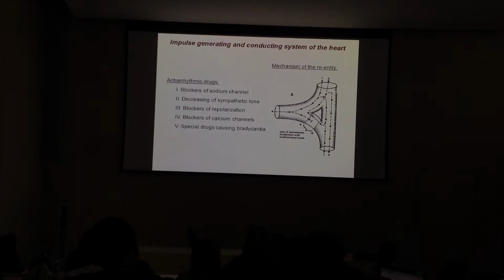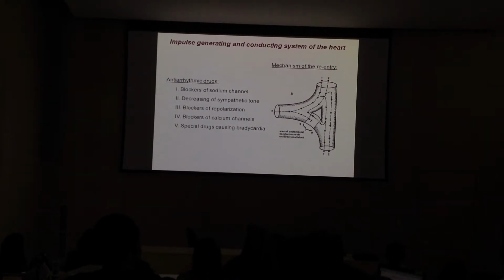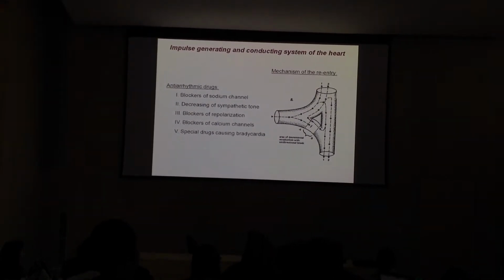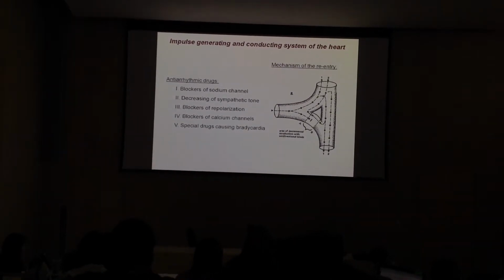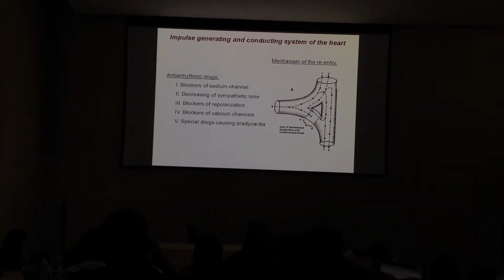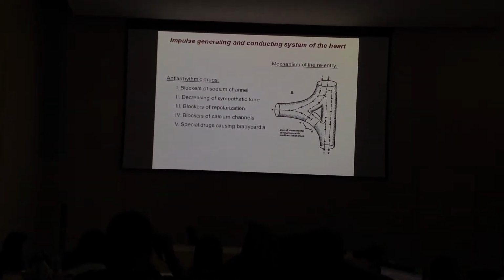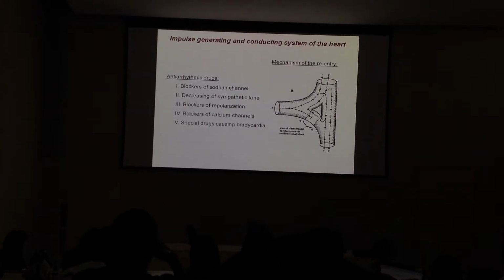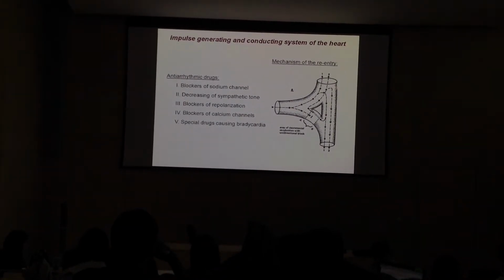Now, it was a very interesting discovery. The cardiologists discovered different anti-arrhythmic drugs. These anti-arrhythmic drugs were very important to protect the human heart from the development of extrasystole or fibrillation. These anti-arrhythmic drugs, you can imagine easily, depress the activity of the membrane.